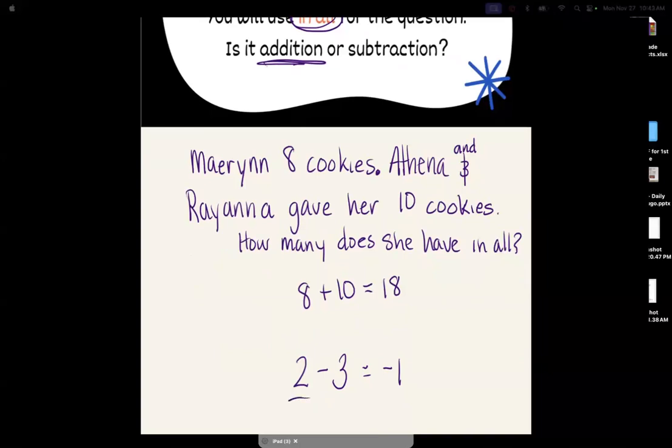If you have 2 cookies, can you eat 3 cookies? No. But if you have 3 cookies, can you eat 2 of them? Yeah. So when we subtract right now, you eventually will get into negative numbers, which is much later, Mayrin.